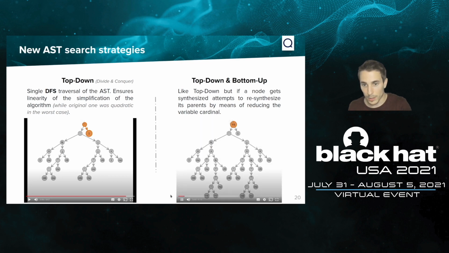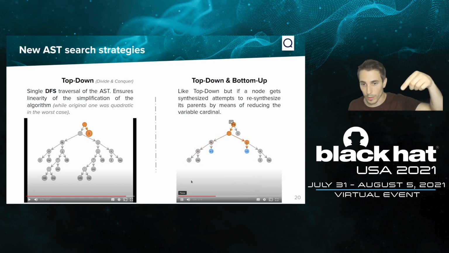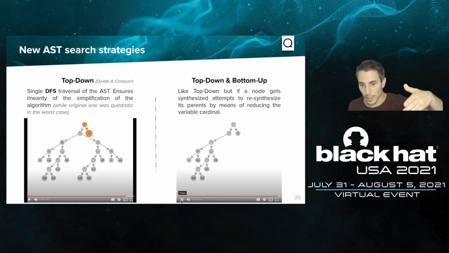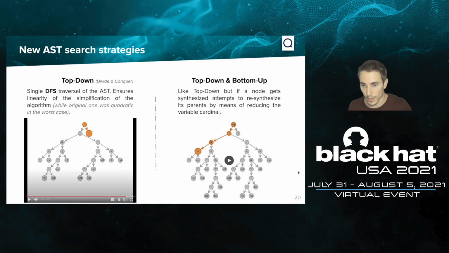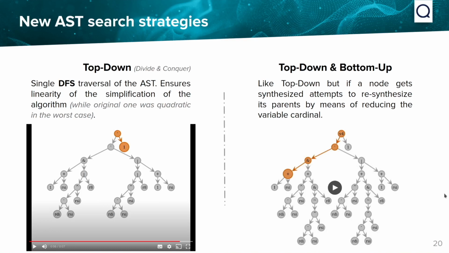And then we had the top-down and bottom-up approach, which was also replacing with placeholder variables. So V1 was the placeholders, and you do it recursively. So the algorithm is more efficient, and you obtain something which is smaller than the simple divide and conquer algorithm. So we experimented with all these strategies. There's probably others to implement.